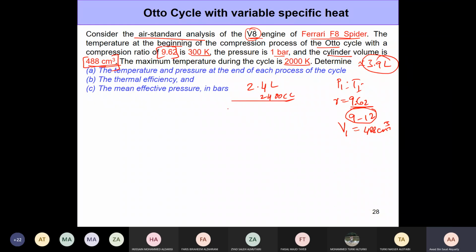Cc simply stands for cubic centimeter, right? So this indicates the volume of all the cylinders put together. Camry typically comes with 4 cylinders, so each cylinder has a volume of about 600 cubic centimeters. So this is how engines are specified, with their displacement volume and also with the compression ratio. Although in the marketing material, companies tend to use this capacity a little bit more. If you look at the marketing material for Ferrari F8, you'll see this number 3.9 liters somewhere.